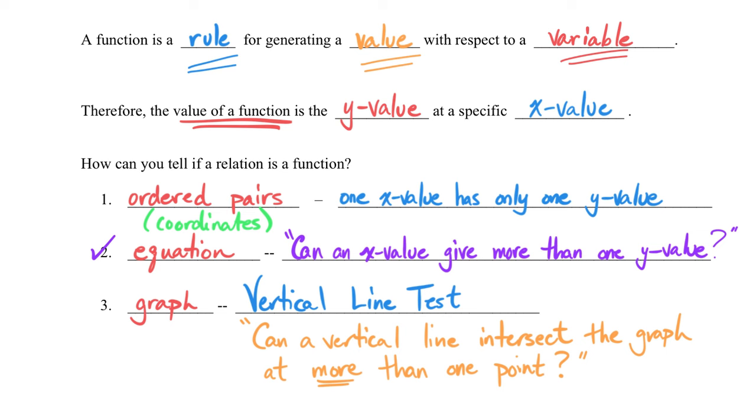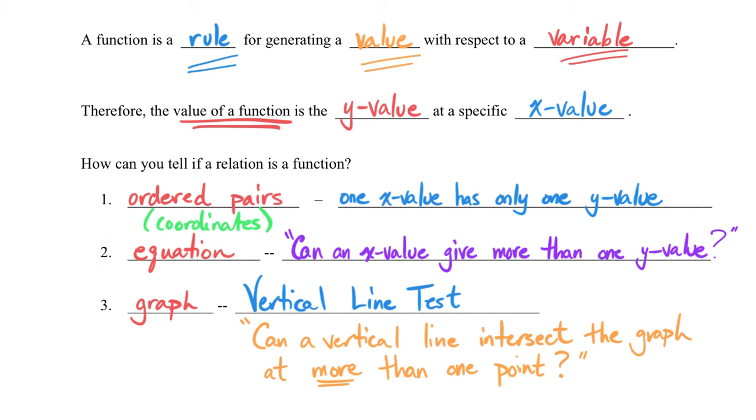So I ask myself, can an X value give me more than one Y value? I start to imagine, if I subbed in a value for X, can I calculate 2 different values for Y, or more than one value? If I can, then it is not a function. I need to make sure that one X gives only one Y.